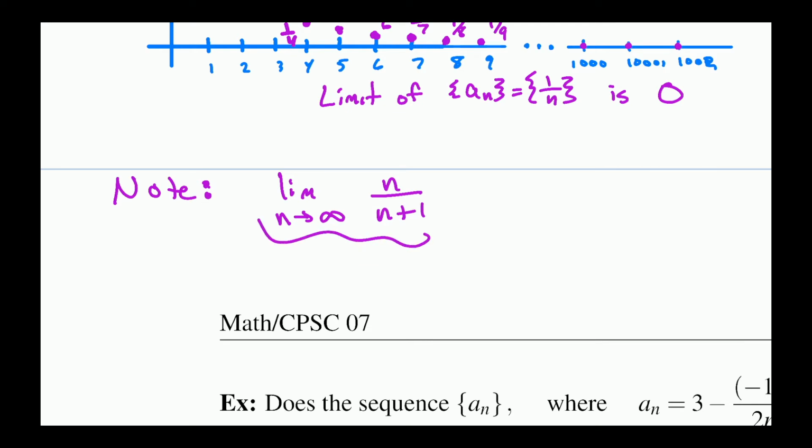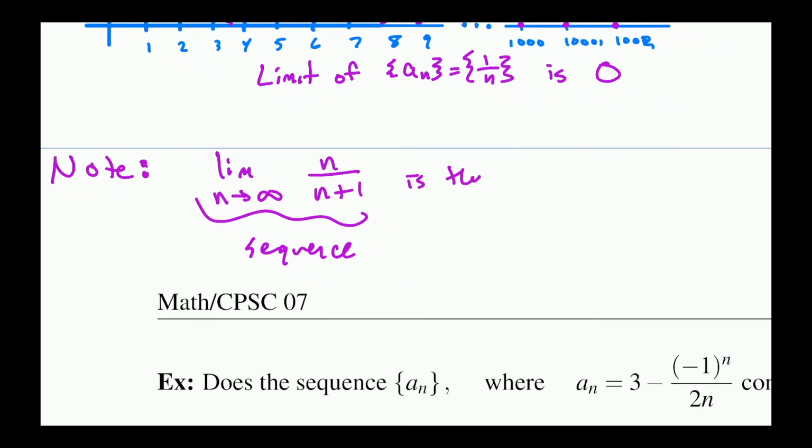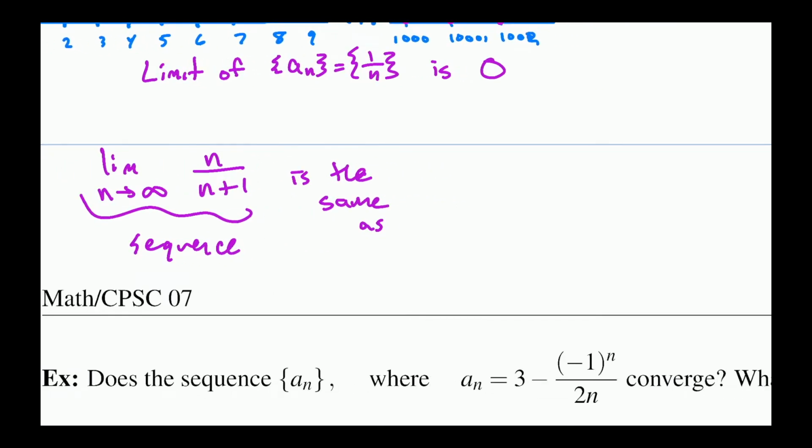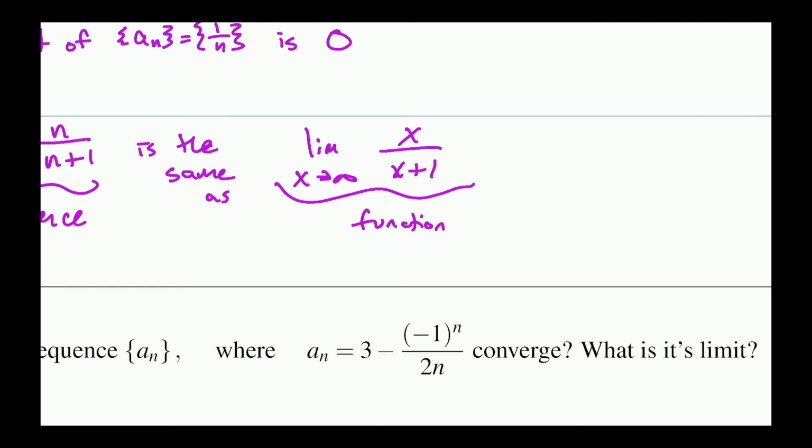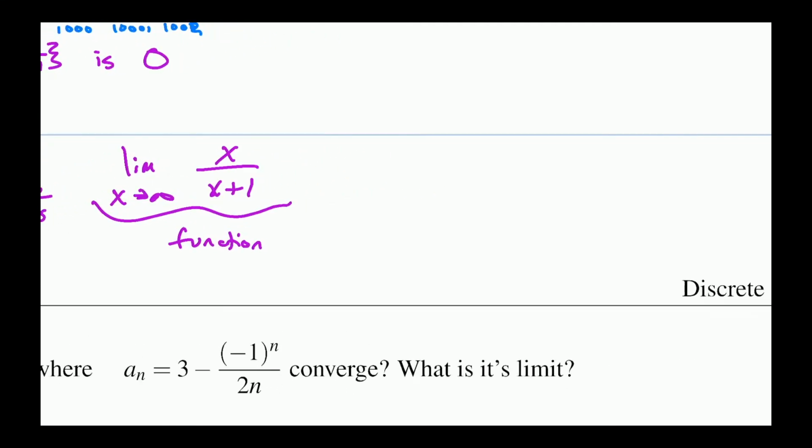So this would be a sequence with formula n over n plus 1. That's just the same as the limit as x goes to infinity of x over x plus 1 in a calculus class. So you're allowed to use everything you know about limits for these limits. So nothing is really different than your calculus class.